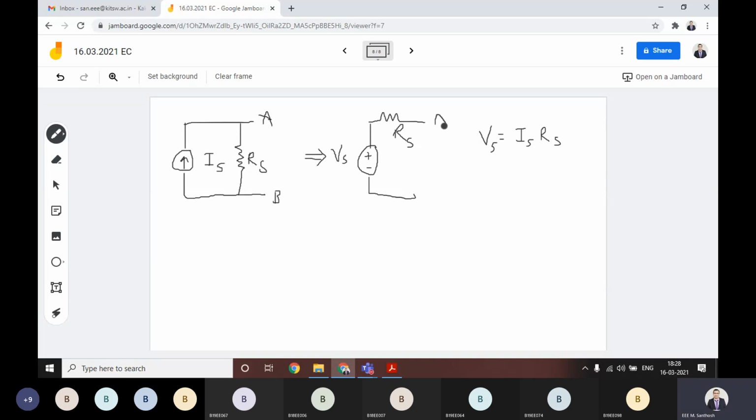You have to connect it in series with the resistance, so that it will give you the value of the current Is in that circuit. That means we are not changing any parameter. You are keeping the circuit as it is, whatever they have given us, and based on that we have calculated the next values. Okay, is it okay?